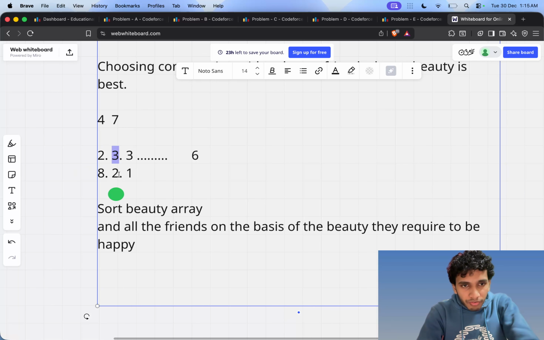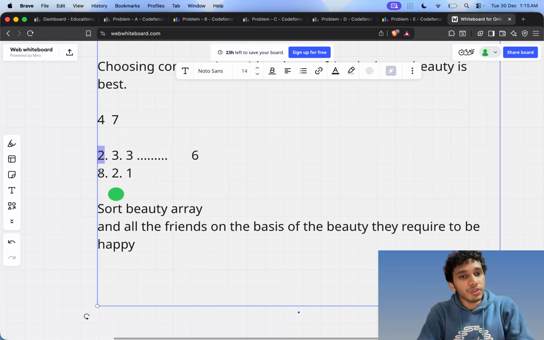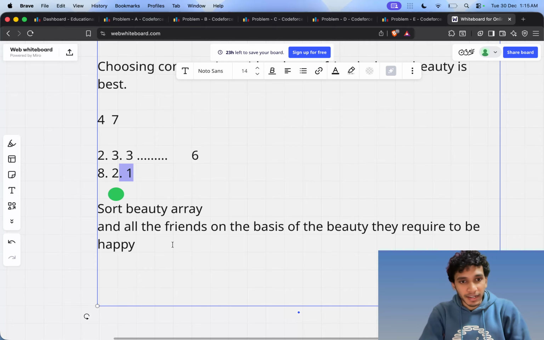If we pick up this friend, later on we are left over with a friend who requires 8 coins to be happy. We won't want that at the end, we would be wasting our coins. We want to save our coins as well, so it is best that we choose the friend with maximum coin requirement, so that the leftovers could be made happy using coins later on.